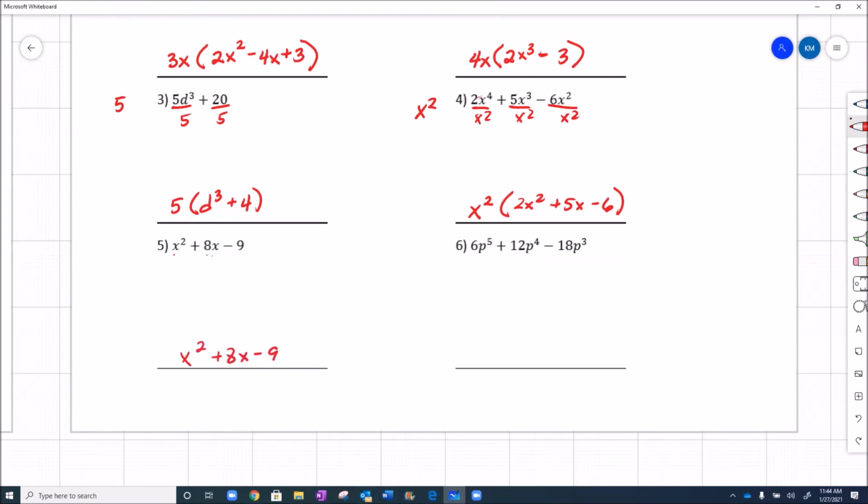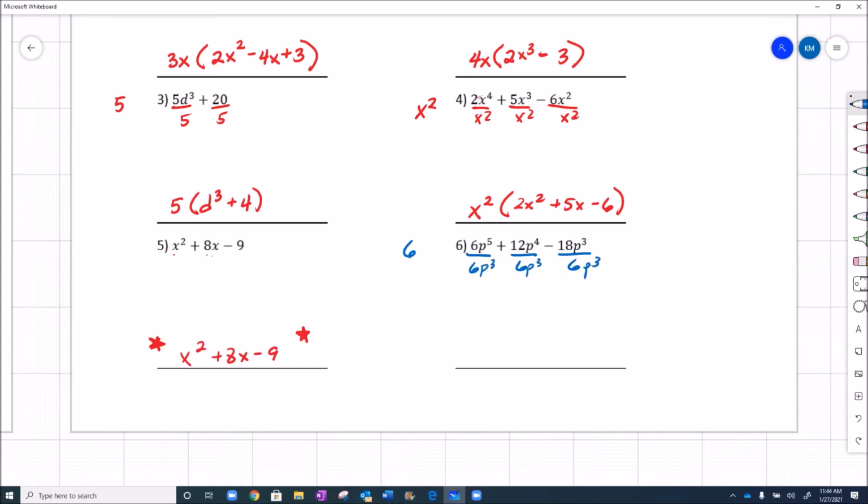Okay, we'll actually look into factoring quadratics like this later on in this chapter. But right now, we can't factor anything out. Okay, and then this last one, 6, 12, 18, they all have 6. P to the 5th, p to the 4th, p to the 3rd, they all have p cubed.